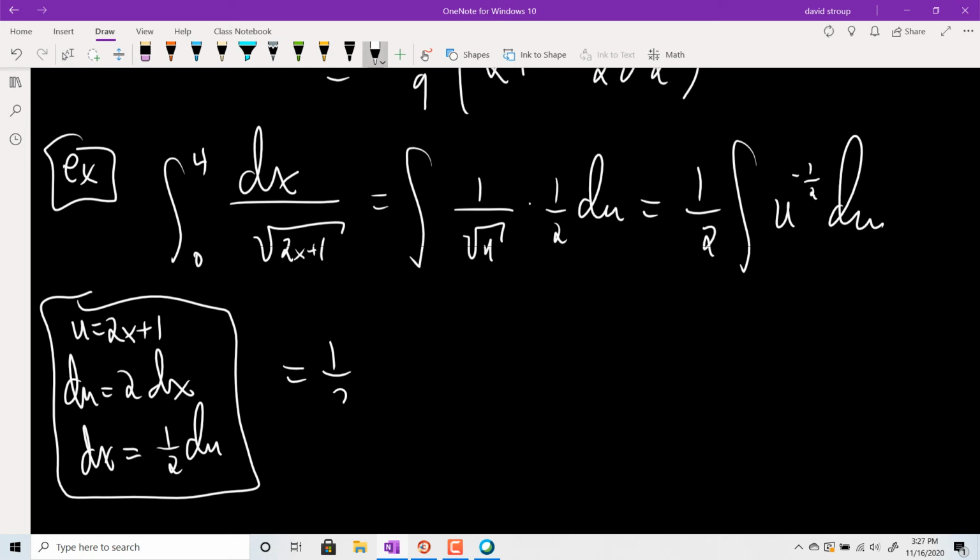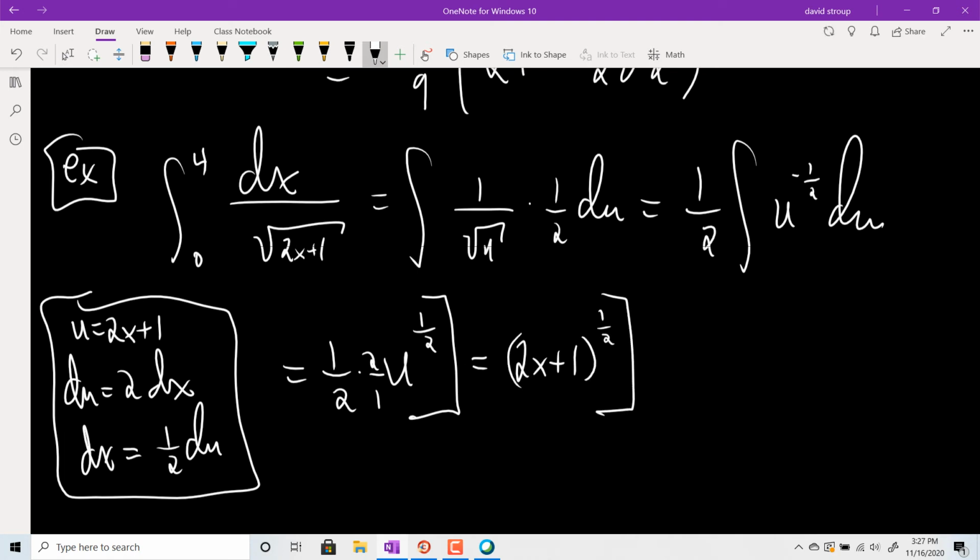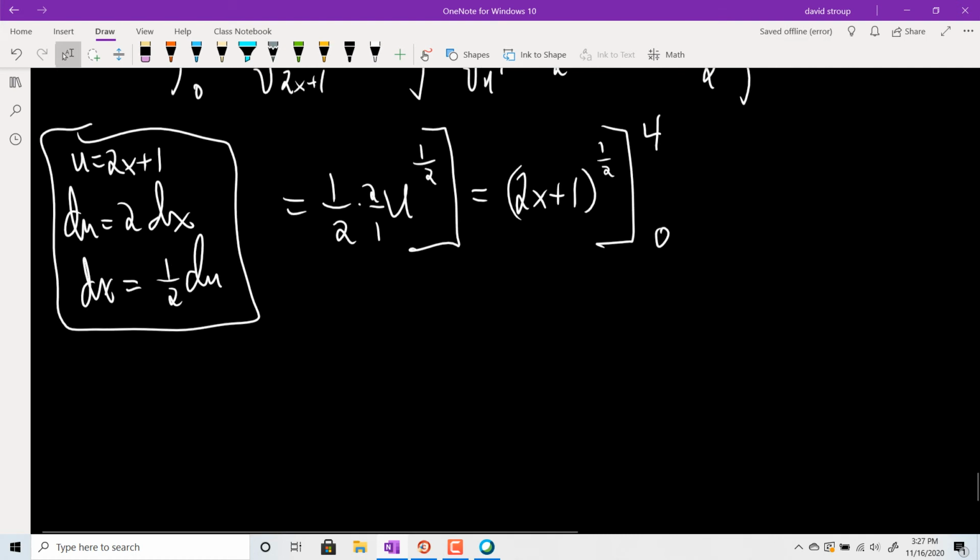And then you have 1/2 u to the negative 1/2 plus 1, which is u to the positive 1/2, multiplied by the reciprocal. And I have to remind myself to evaluate. 1/2 times 2 is just 1. Okay, and then I have to back sub. So I have 2x plus 1 to the 1/2. And now I could rewrite my limits in, because I know what they are in terms of x.